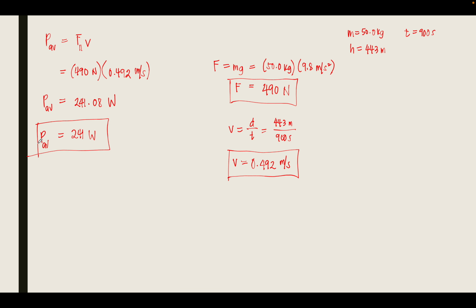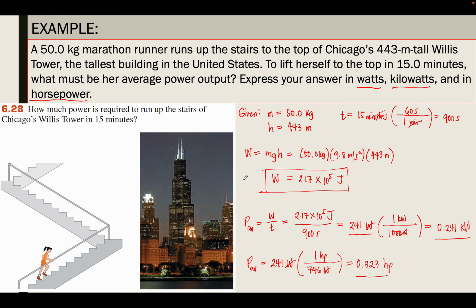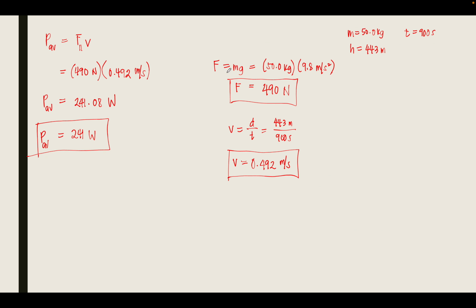So this is how we would solve for the average power in terms of force and speed. We can solve it in two different ways. The first one is to solve first for the work done and then calculate the average power output. The second one is to solve first for the force and the velocity and then the average power output. So that is our discussion for power. Thank you.